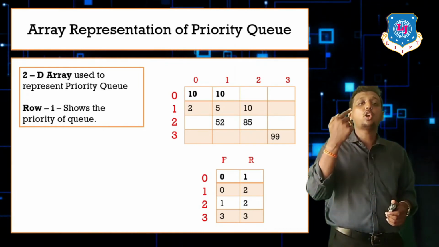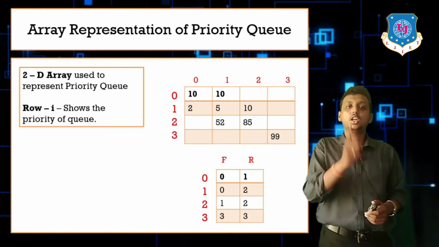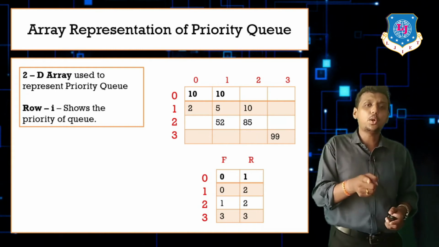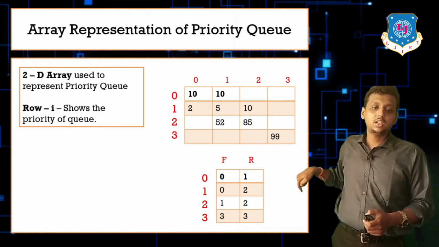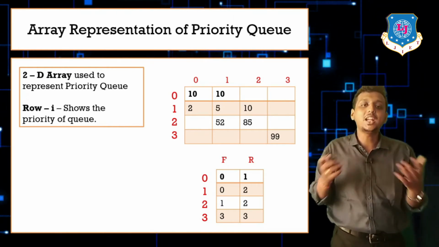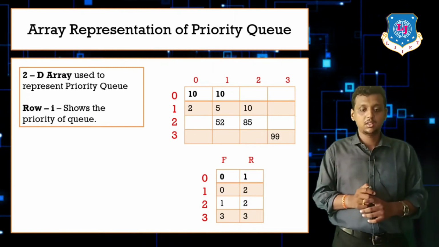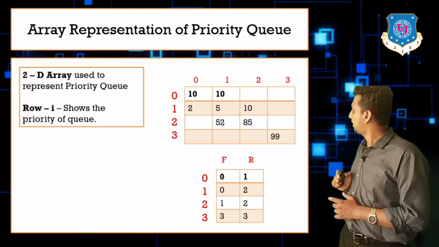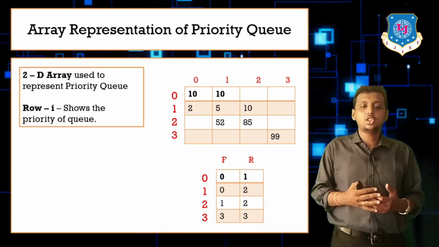If I'm talking about the third queue, 52 and 85, the front pointer is at 1 and the rear pointer is at 2. That's why I've written 1 and 2 over there. And at last, for 99, the front pointer and rear are both at the same position, that is 3. So I have written front and rear at 3. Like this, you can do the 2D representation of a priority queue.